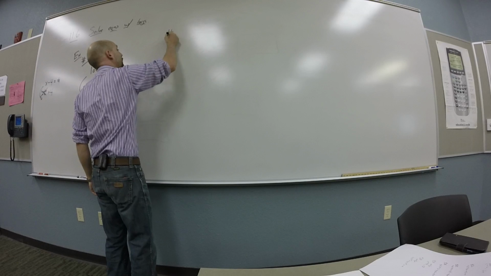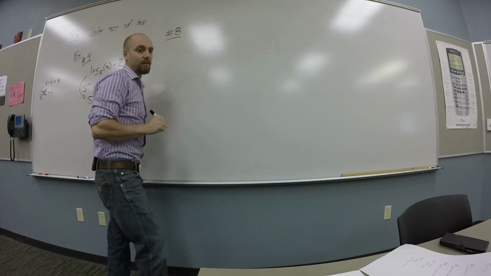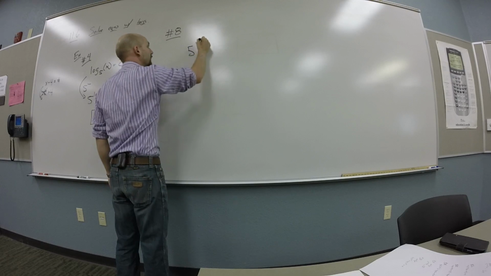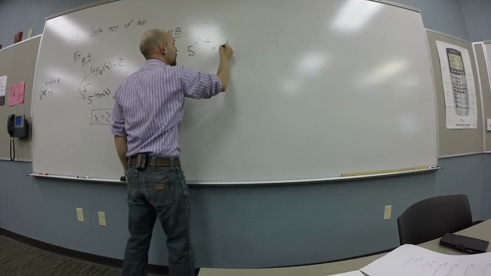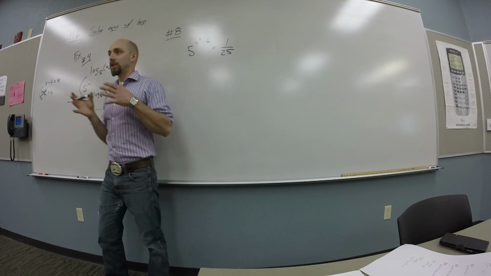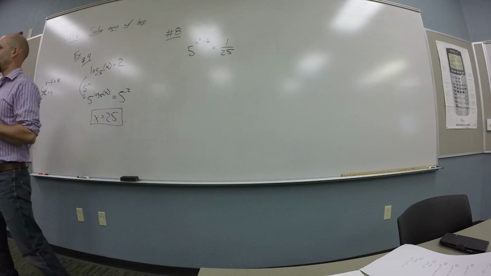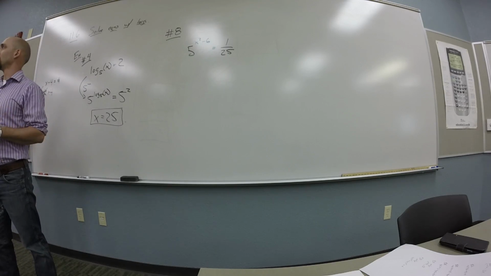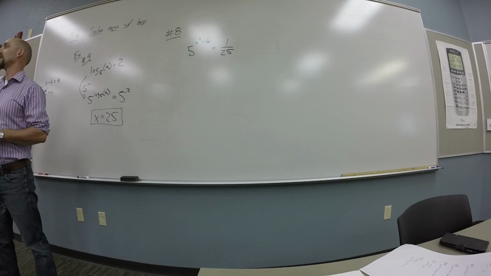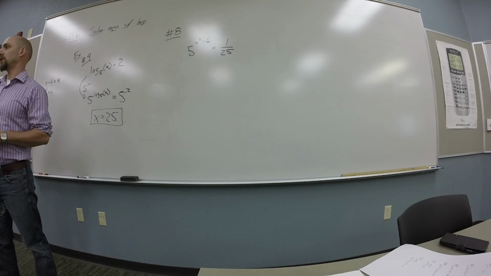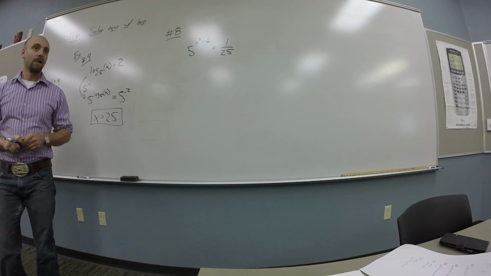All right, so let's try number 8. So number 8 says I have 5 to the x squared minus 6 is 1 over 25. Does this look a lot like a log problem? No, right? Because there's no logs. Yeah, this is exercise number 8 in 11.6.